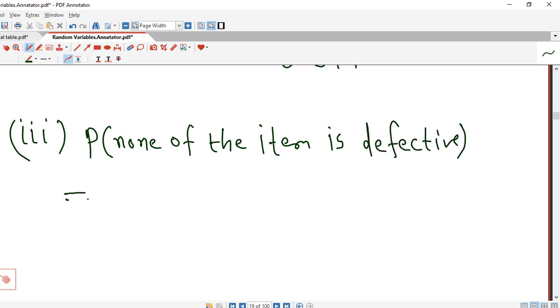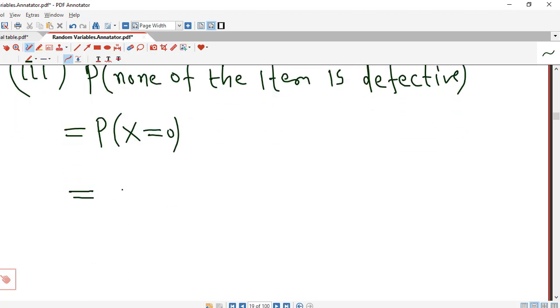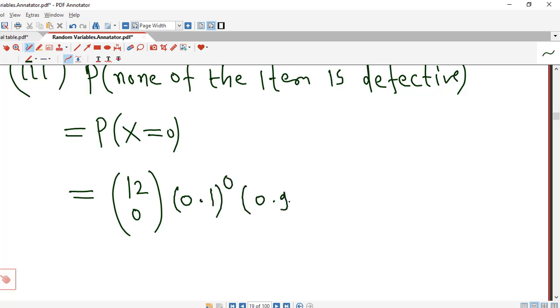This is equal to probability that x equal to 0, and if I use the formula for the probability mass function, I have 12Cx, 0.1 raised to 0, 0.9 raised to 12.